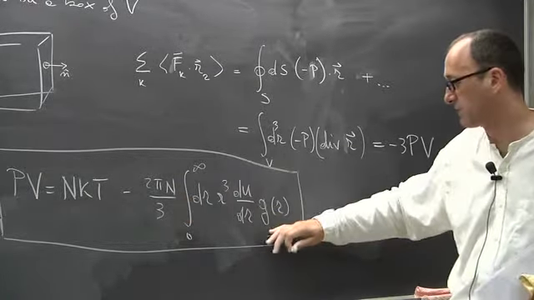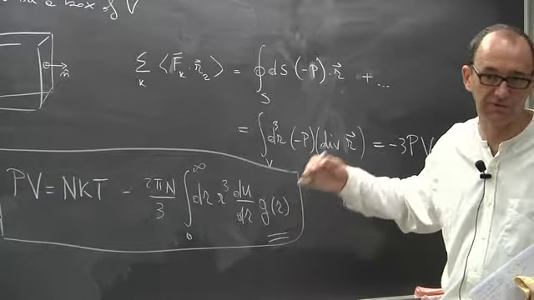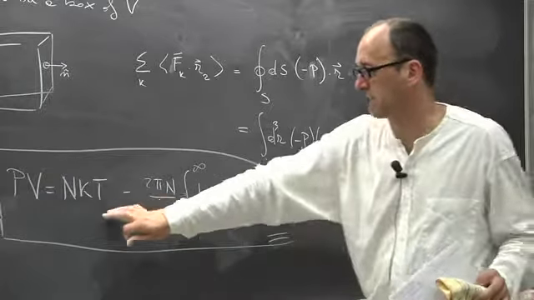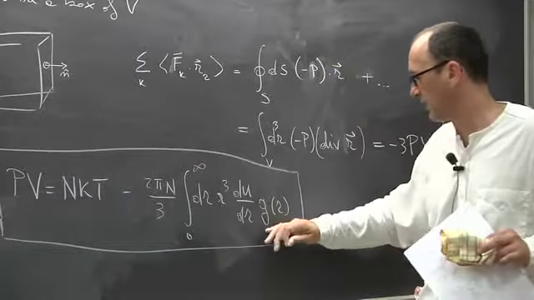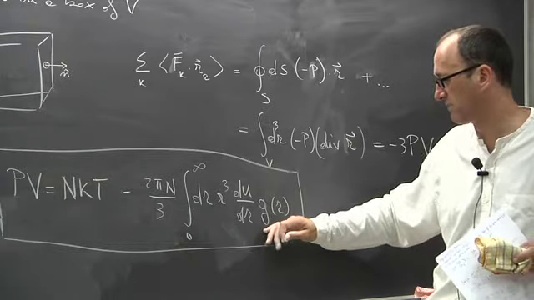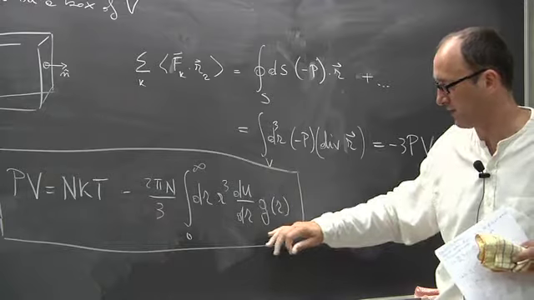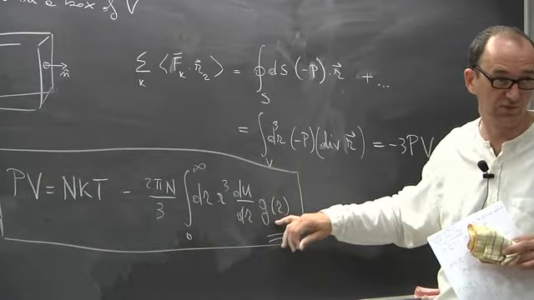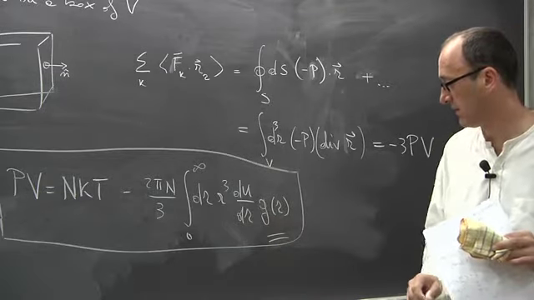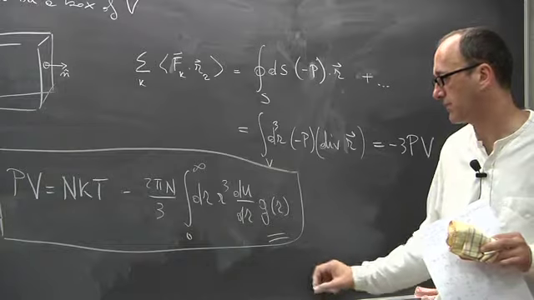But this quantity depends on temperature, and it depends on the density. So the difficult part is to compute the two-particle density for real gases.